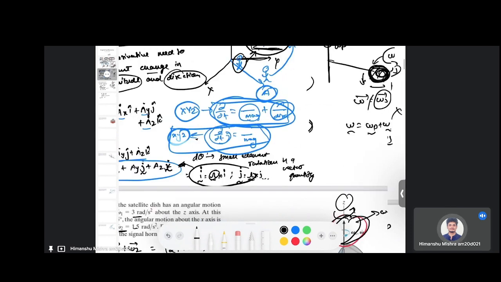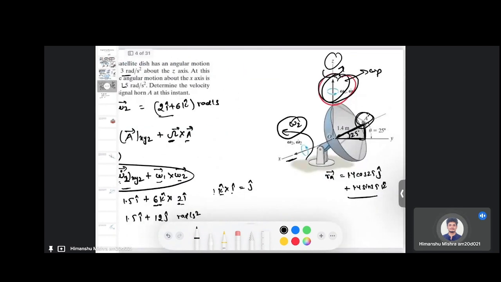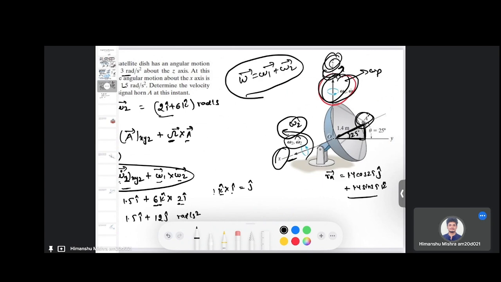The same concept we used here, because there was a motion along the z-axis and a motion along the x-axis. So the rotation of the satellite is not determined from omega 2 alone. The rotation of the satellite will be omega 1 plus omega 2.